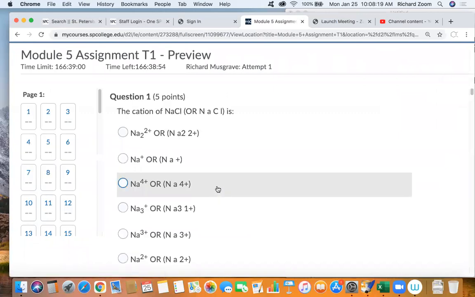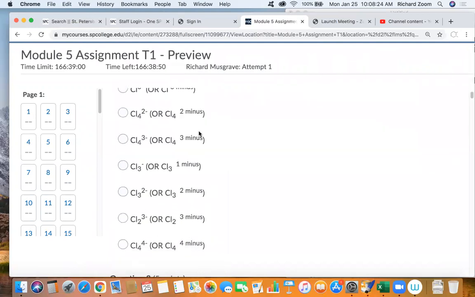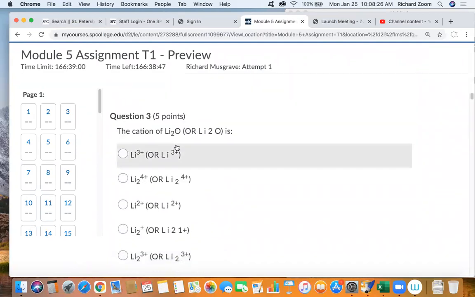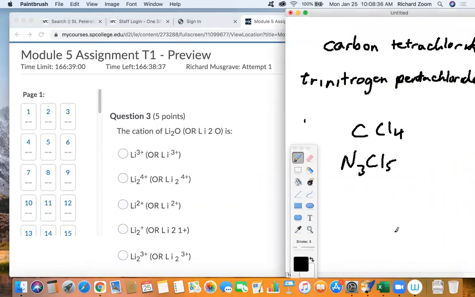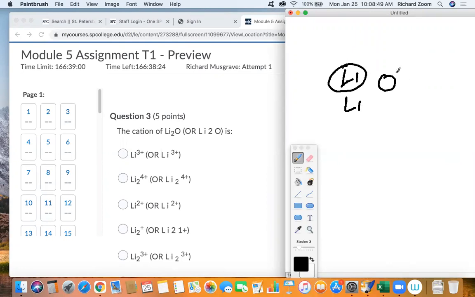Now what it's doing, let me look at another example here. Something like Li2O. What you're looking for is the charge on a single one of each that you're given. If you're given Li2O, you're only after the charge on one lithium.